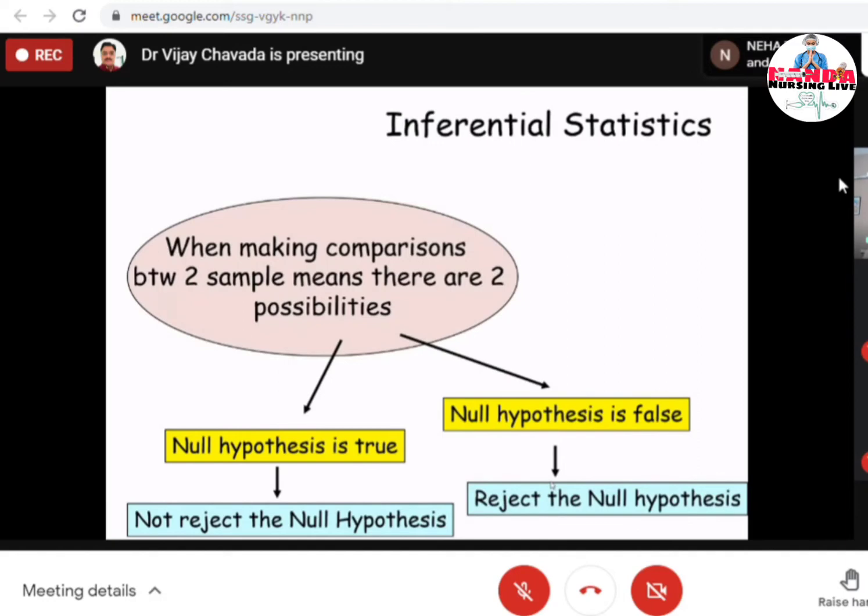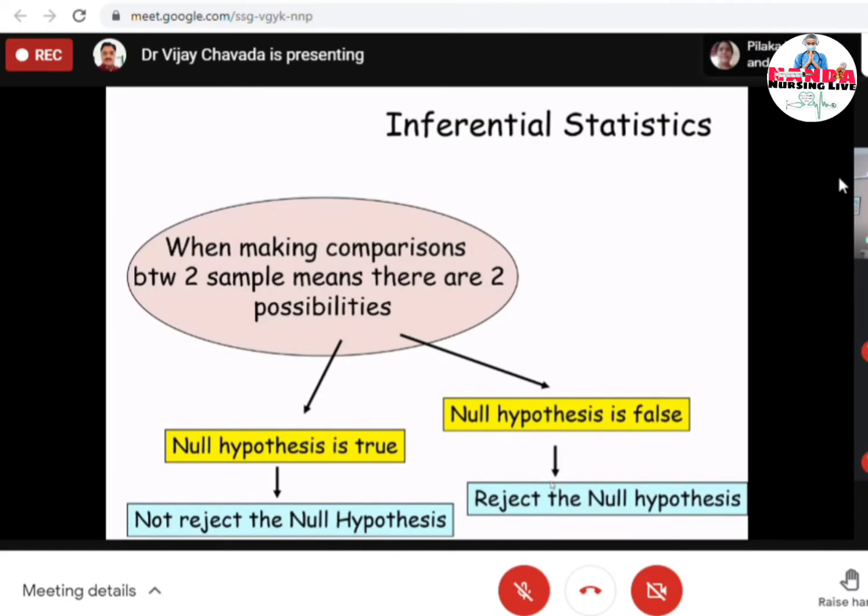In any research comparison, the null hypothesis may be either true or false.